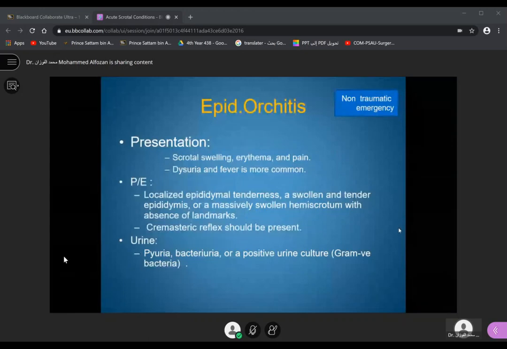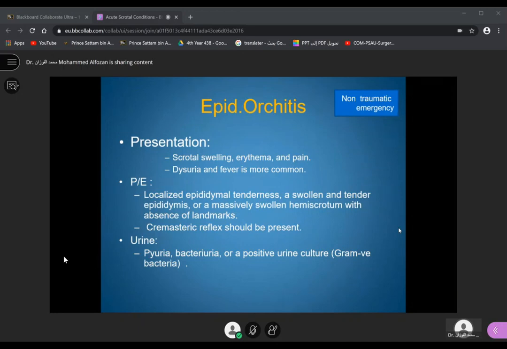So the other emergency presentation of acute scrotum is epididymo-orchitis. In these cases, the patient will present with scrotal swelling, erythema, and pain. Sometimes they will have dysuria or fever, but not all the time.